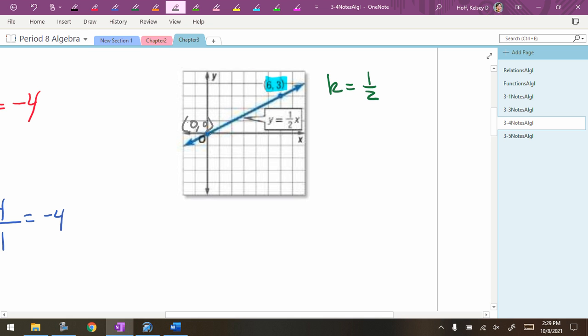Find your slope on your own. What'd you get? 1/2.